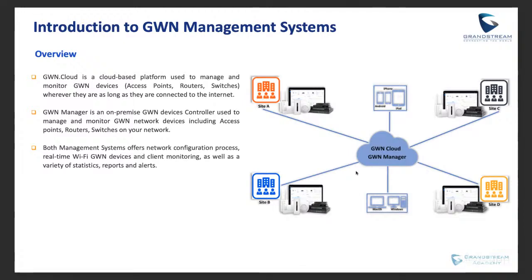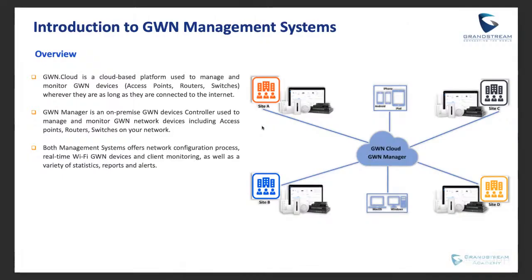So you have different sites in different areas, but you can manage them all through the GWN Cloud without having any issues, and you don't have to go to the site every time you're having a problem. You can consult the GWN Cloud and see if your system is working or not. And you can configure the system remotely.